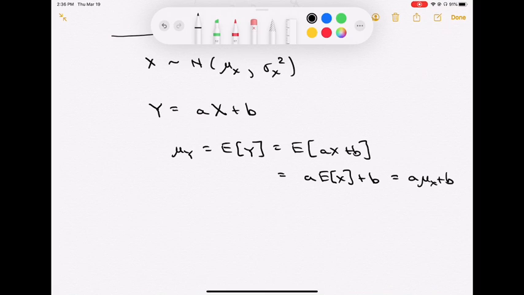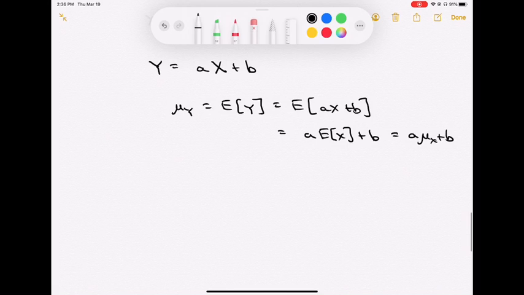So finding the expected value, that first basic statistic, is really straightforward. We also know the variance of Y is going to be the variance of aX plus b. Shifting doesn't affect variance, but multiplying by a scale factor, as we derived in class, should give us a squared times the variance of X.